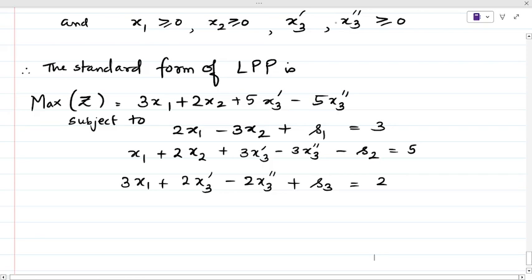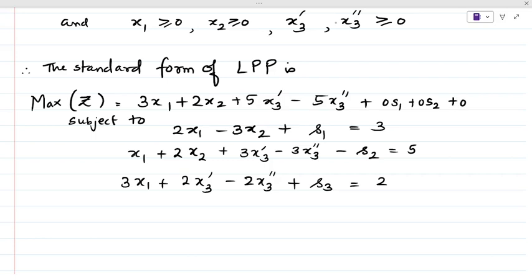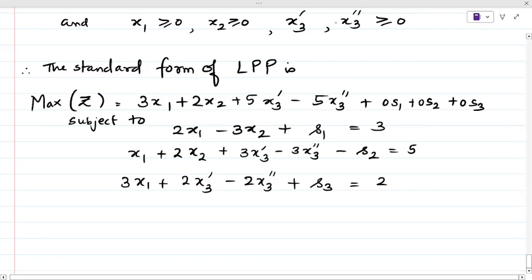Now how many variables s1, s2 and s3, three variables we added, so we can add them in the objective function also. So 0 s1 plus 0 s2 plus 0 s3, if you add it, no problem. If you don't add it, still no problem, because the optimization of the function should not get changed unless there is some unrestricted variable. Slack variables or surplus variables do not affect the main part of the objective function, so their coefficients are always 0 over there.